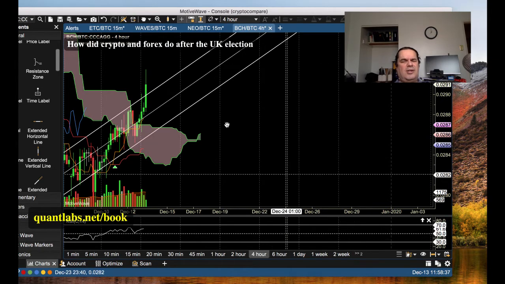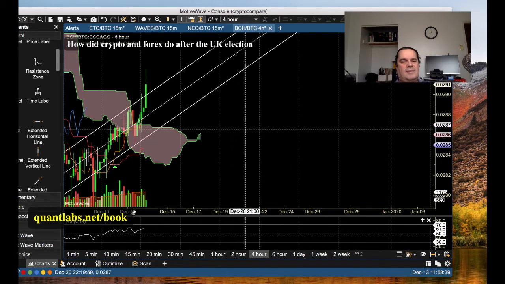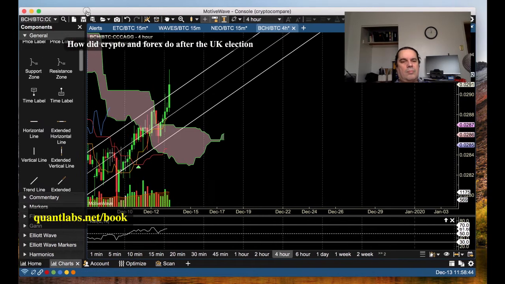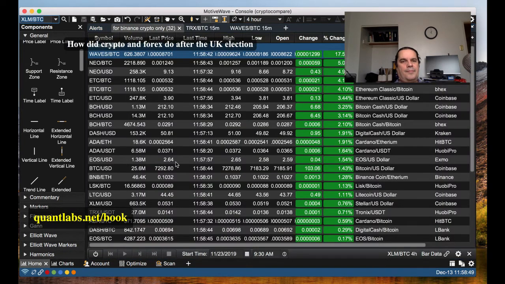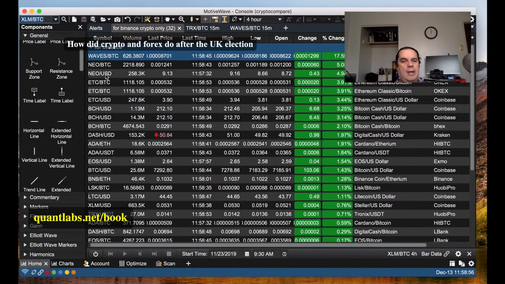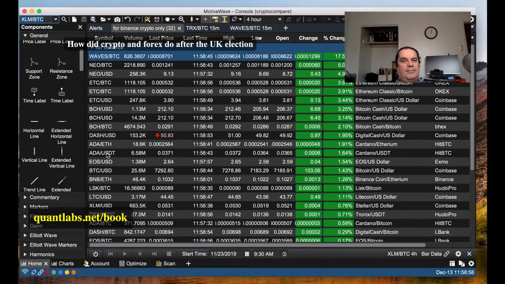So we have Bitcoin Cash and Bitcoin. So we got that. So we got Neo happening, Bitcoin Cash happening, and then there was Tron. Looks like it's dropped off.